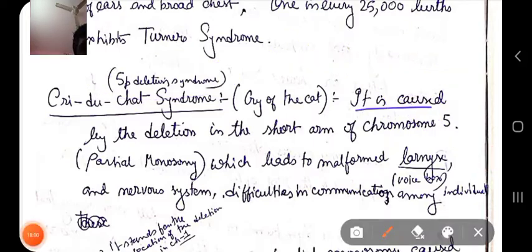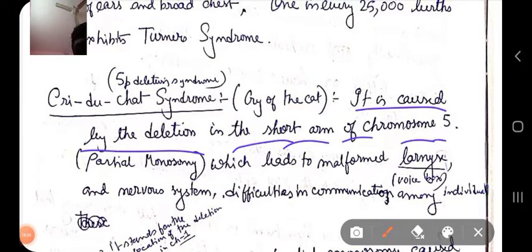It is caused by deletion in the short arm of chromosome number 5, which is a partial monosomy, and thus during infancy the crying of the infant is comparable to the mewing of a cat.